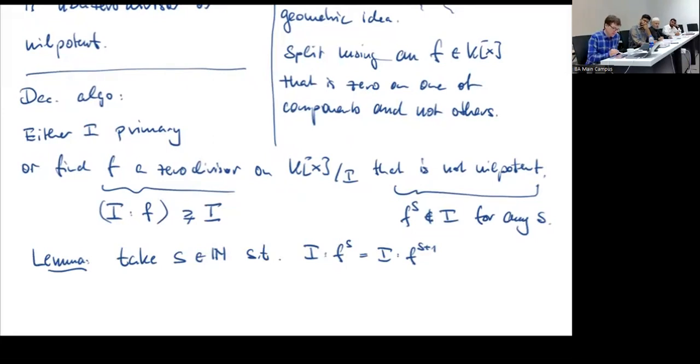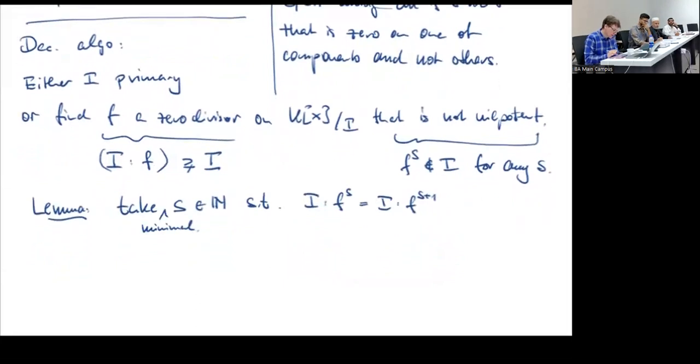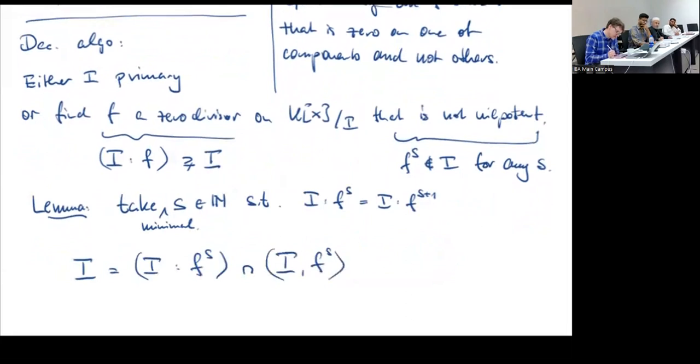So there is an integer S such that it doesn't grow anymore, and I take this S, the minimal one. Then my lemma says that I is equal to I colon F to the S intersected with I plus F to the S. The second one is the ideal generated by I and this one polynomial F to the S together.